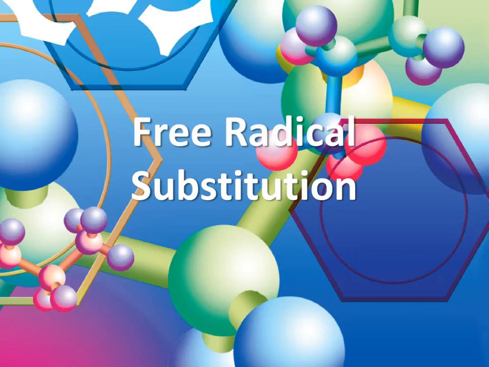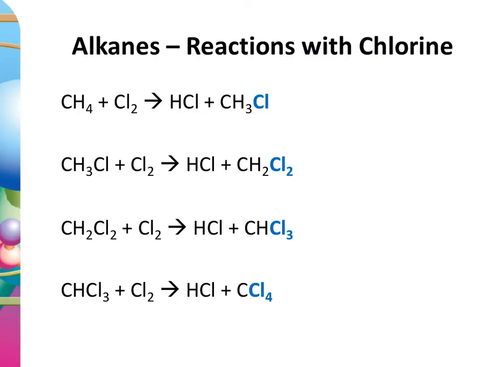To actually get them to react with something other than oxygen is very difficult, but it is possible to get them to react with halogens under certain conditions. So here are some example reactions where alkanes have reacted with chlorine.